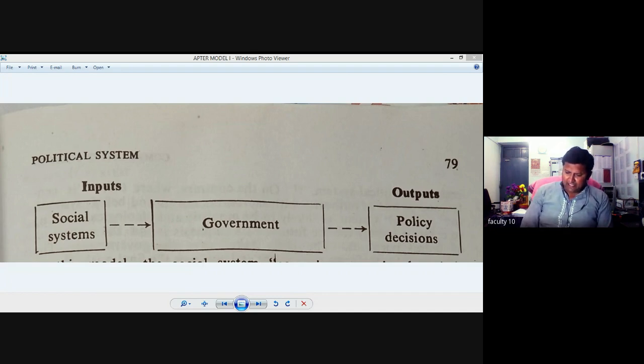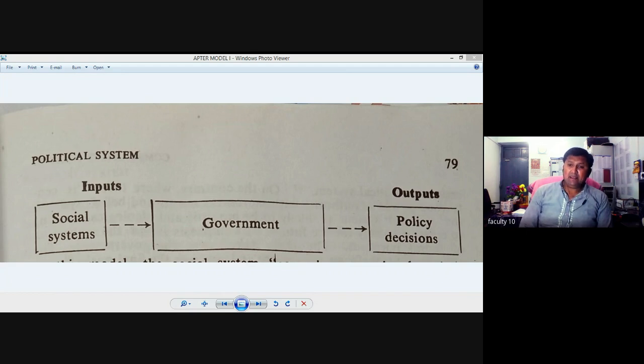In the society, you can find there are different contending groups, and there is a crisis between these groups, and the political system mediates between these groups. And why does the political system mediate between these groups? In order to produce effective policies that can reduce the causes of tension.